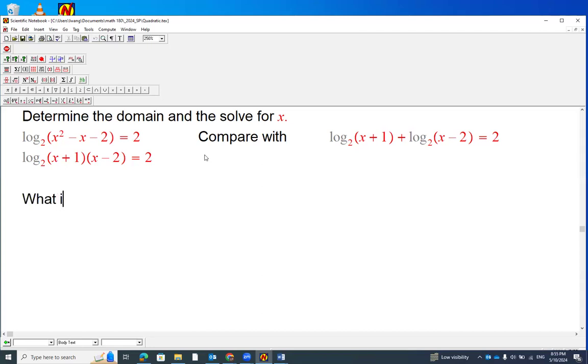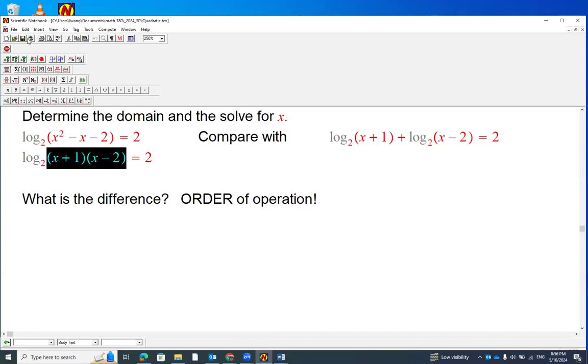Okay, so what is the difference? The difference is the order of operation. Okay, it's the order of operation. On the former one, if you look at the order of operation, right?